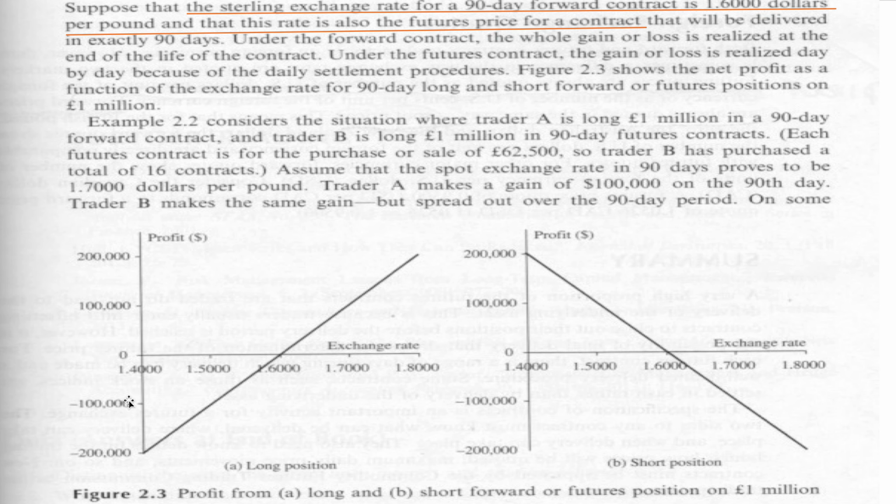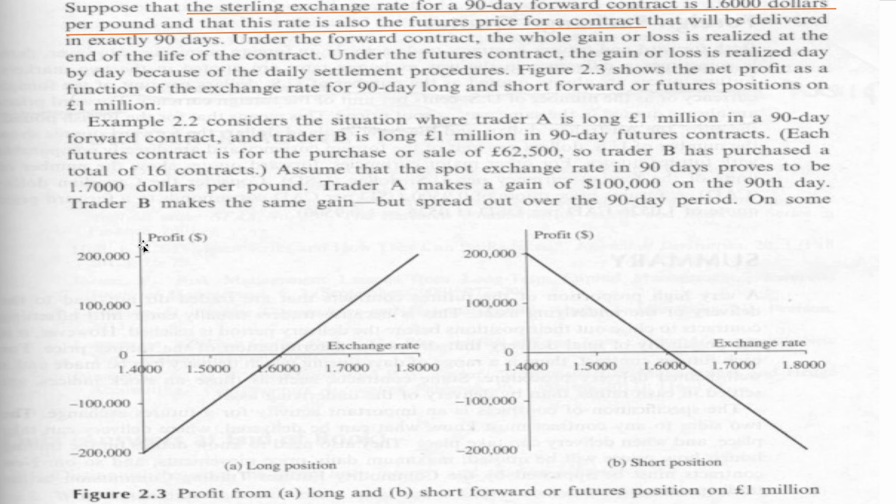Now here, the profit is not like looking at just one pound. You're looking at the total position, because for each position there is a certain amount in the contract, right? So here is the payoff, the net position for a long position.